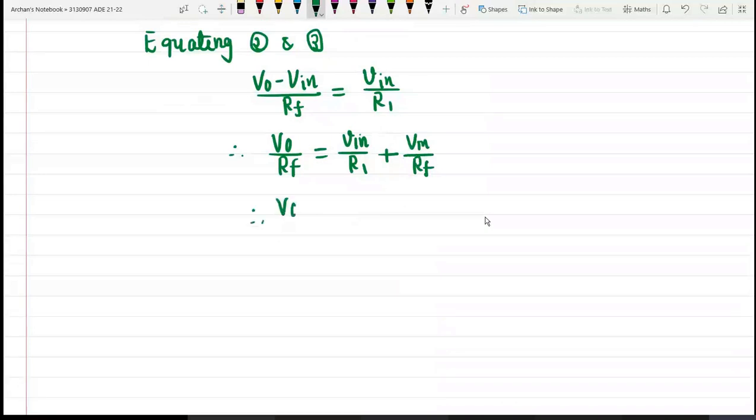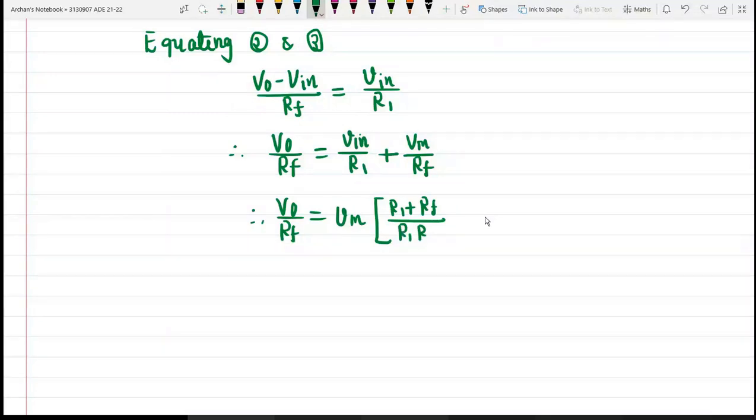So let us take Vin as a common factor. It will become (R1 + RF) divided by R1 RF. And let us take this Vin on the left hand side of the equation.